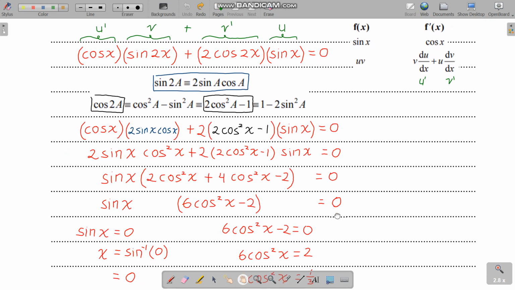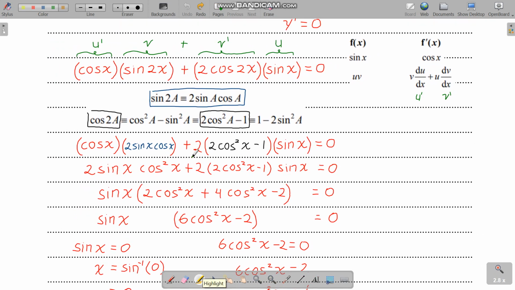In this case we're using cos because if we just try and multiply this, we're gonna get 2 sine x cos squared x, and from here, multiplied, we have 2 sine times 2 cos squared, and 2 sine times minus 1, and we can factor out sine here, and we have 2 cos squared plus 2 times this, we get this, 2 times minus 1, we get minus 2.